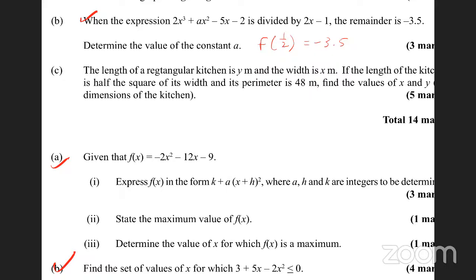Make it equal to the value, make it equal to what?